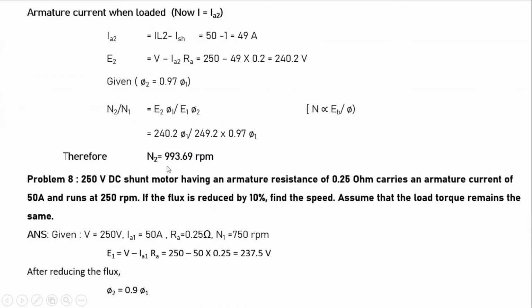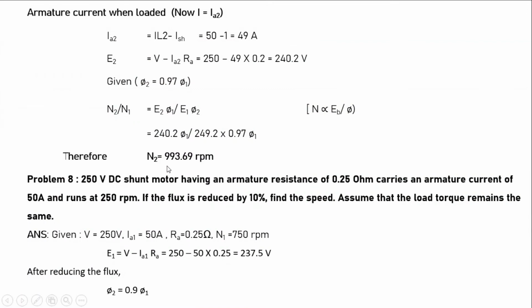Here we need to find E1 in normal condition. So E1 is equal to V minus Ia1 Ra. V is 250. What is Ia? For a shunt motor, armature current is equal to IL minus I shunt.